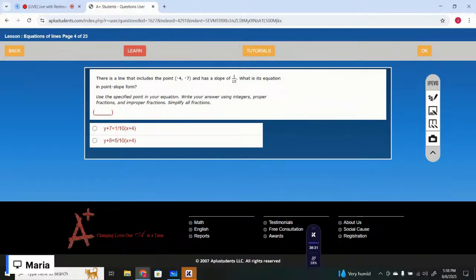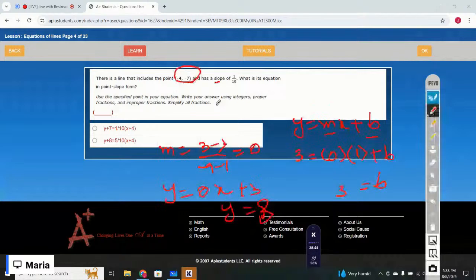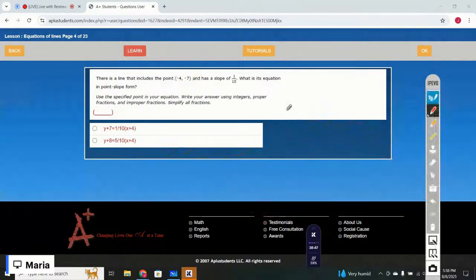There is a line that includes the point negative 4, 7 and has slope 1 over 10. What is the equation in slope-intercept form? So we are given the slope and the point. Let's calculate the b, y equals mx plus b. Negative 7, 1 over 10, x is negative 4, plus b.